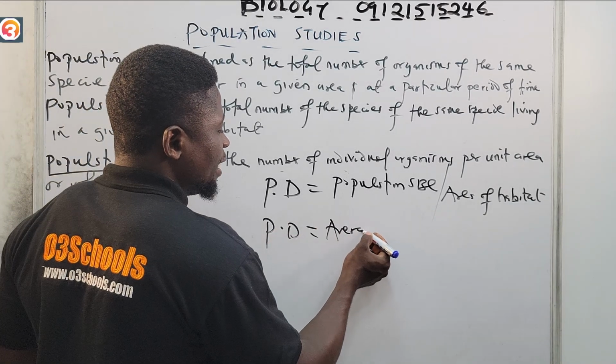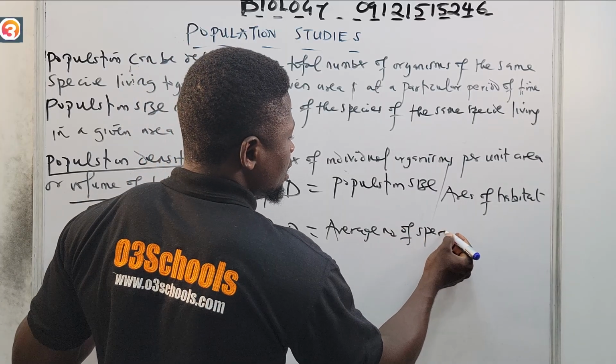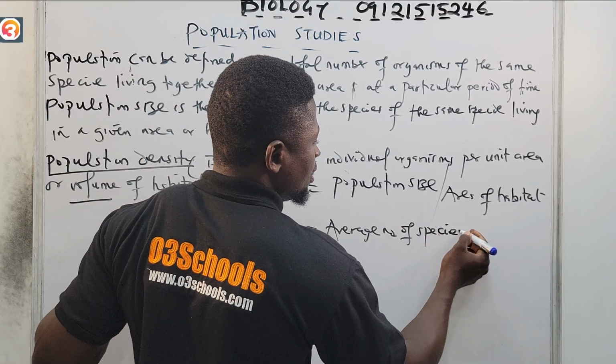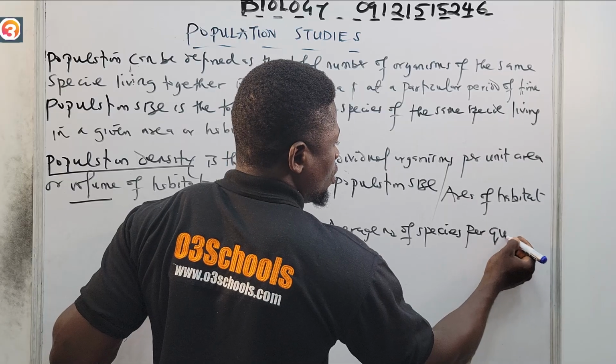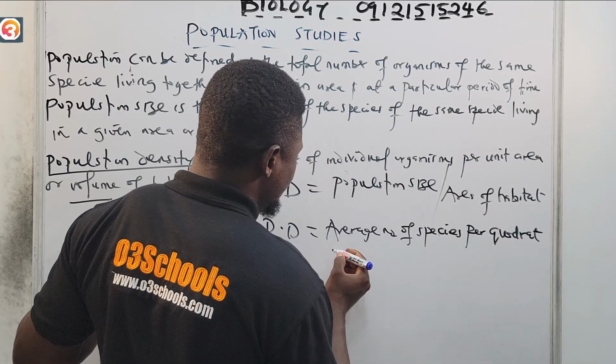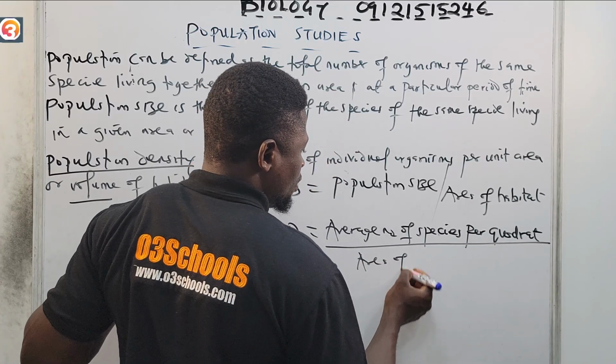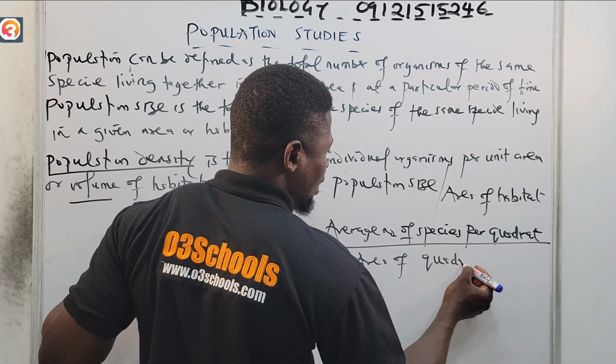the average number of species per quadrat over the area of quadrats.